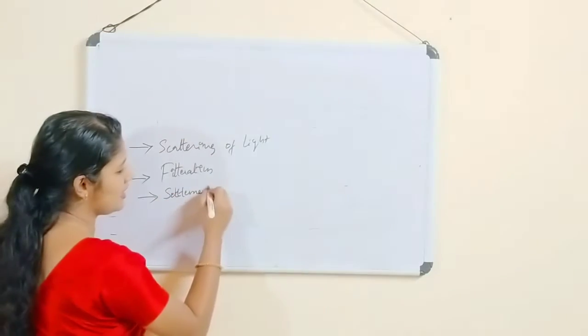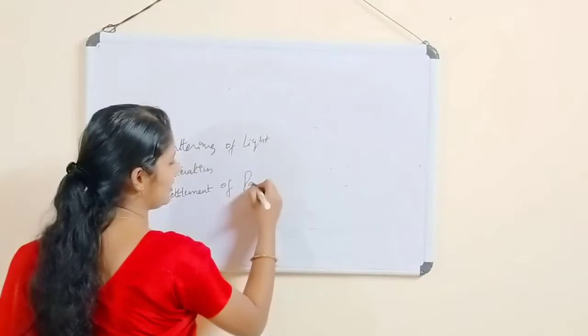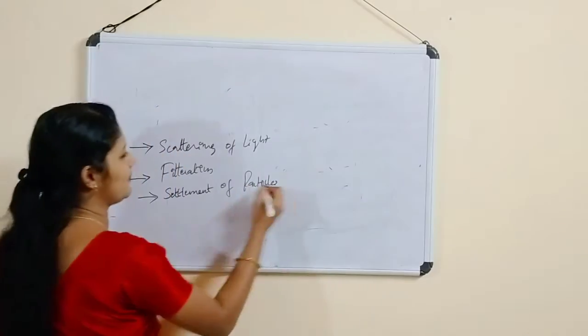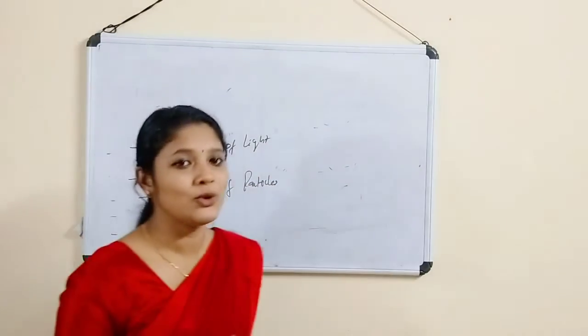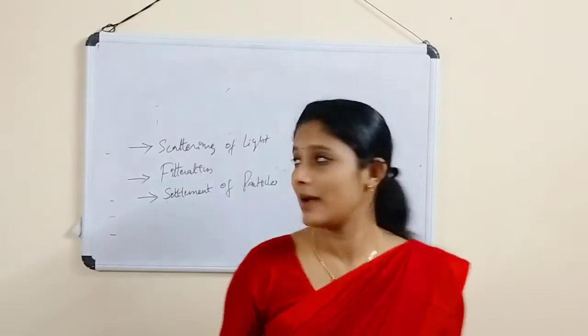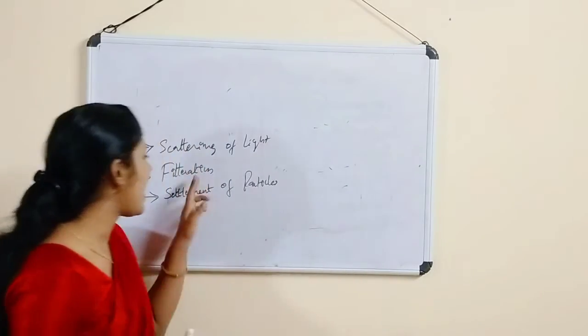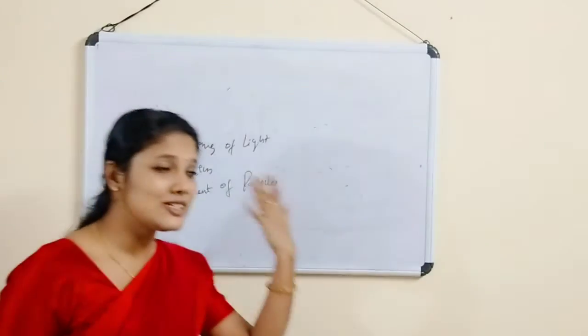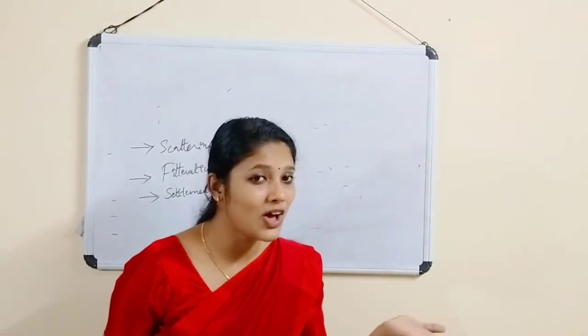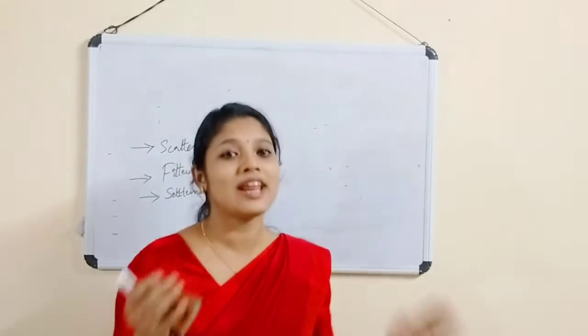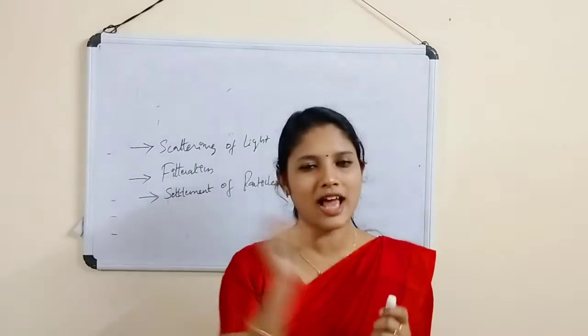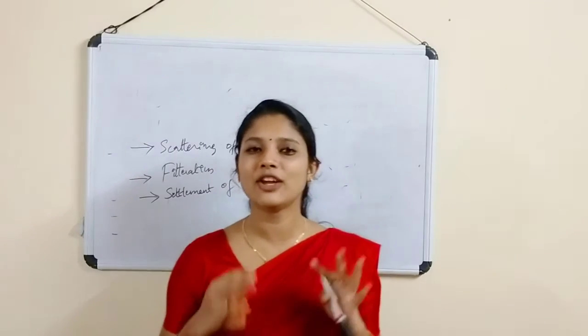Now open your notebook and write about the scattering of light, the settlement of particles, and filtration in case of colloids, true solution, and suspension. I'll be giving you 5 minutes.